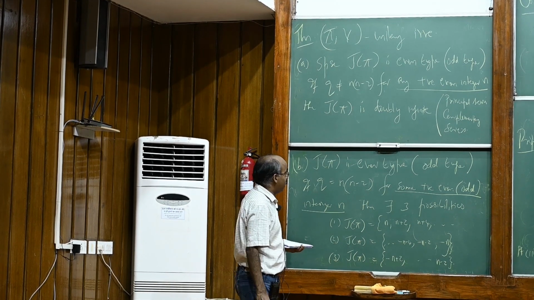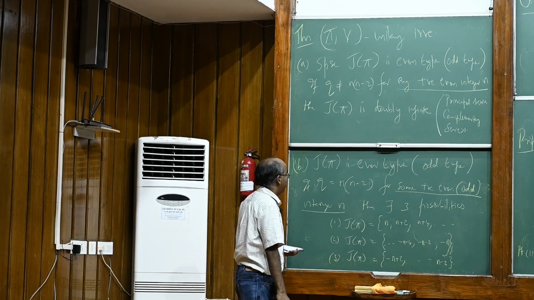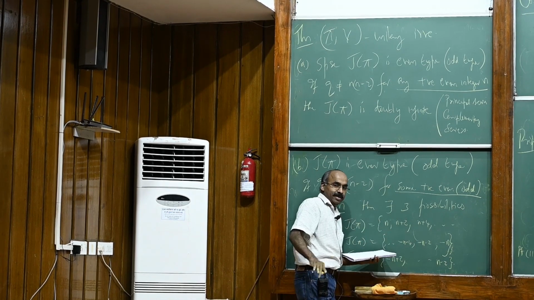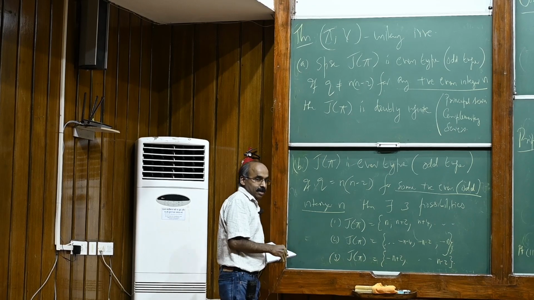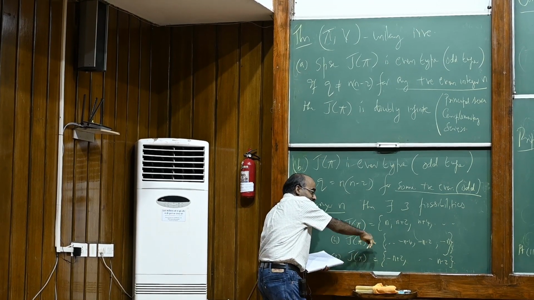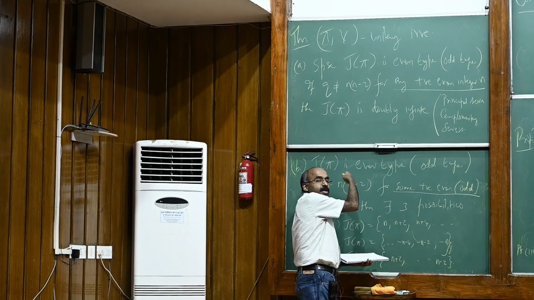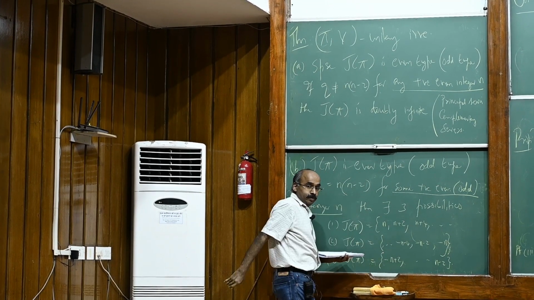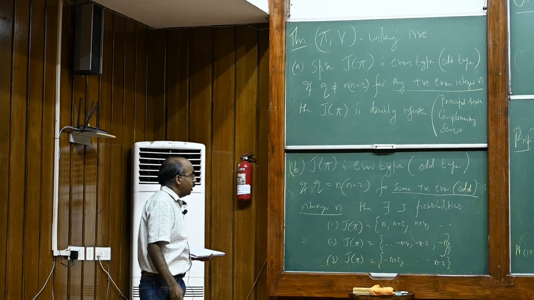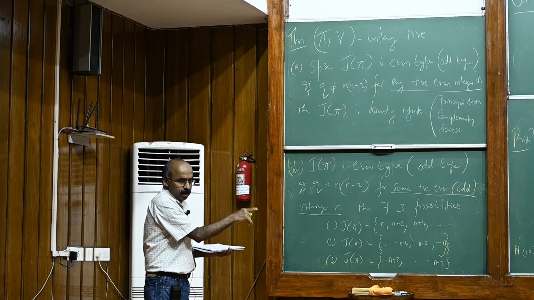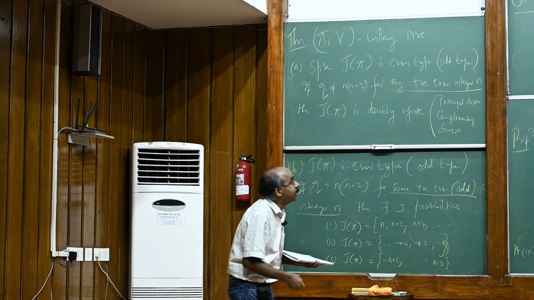Yeah, that is enough. That takes care of all the cases. But this is more important. This cannot happen, that it starts at a positive number and then goes all the way to the negative. Why that is enough? We'll see. That's not very difficult.